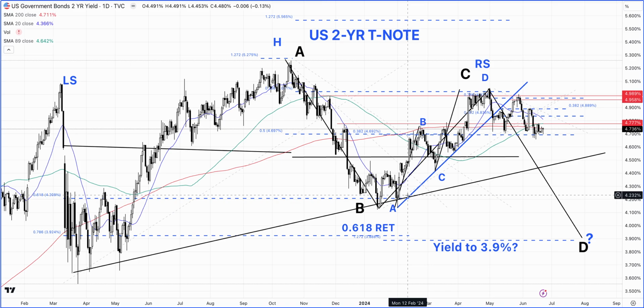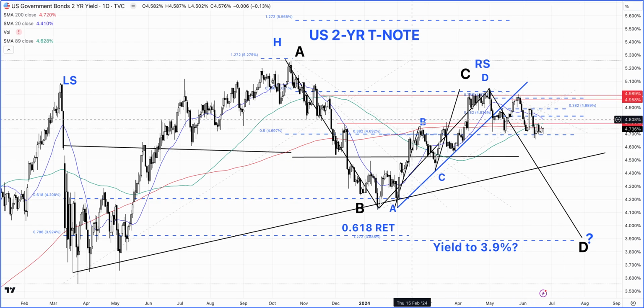Now, what we think is that we have this head and shoulders pattern in place, and the market is moving in this big ABCD black cycle, and in fact we can see the yields as low as 3.9%. However, the market is not going to move in a straight line down.